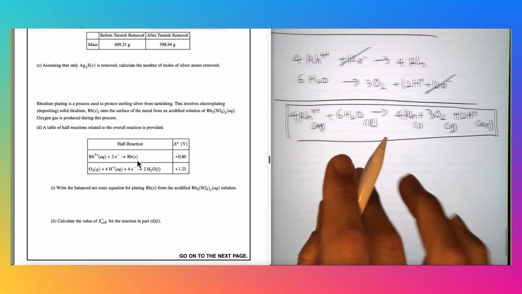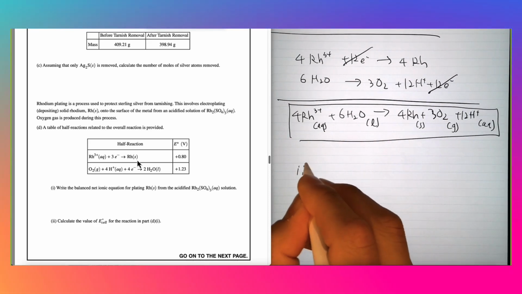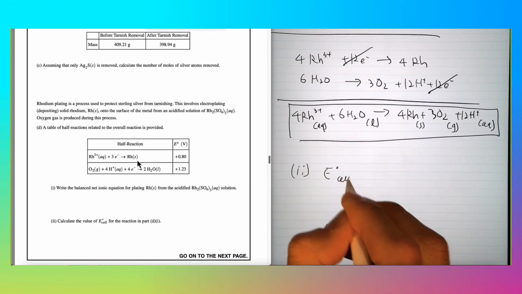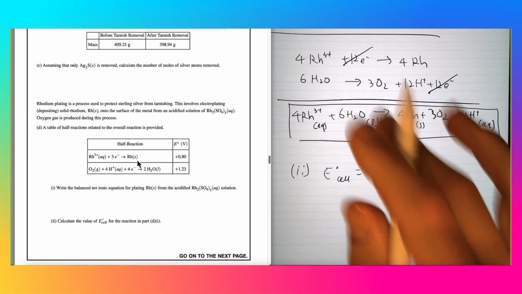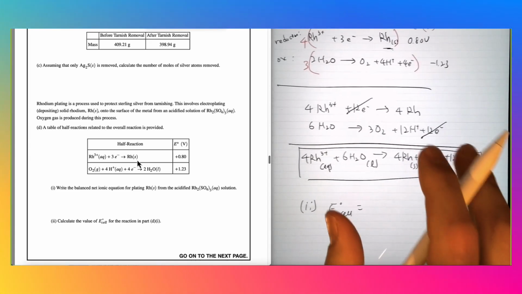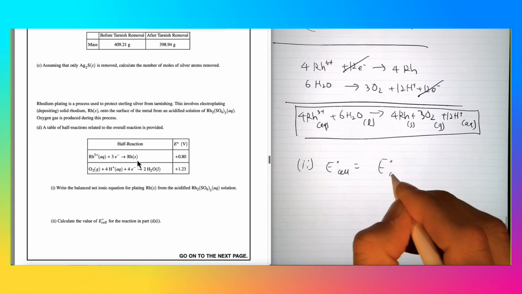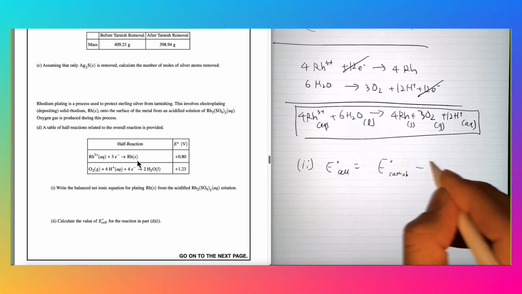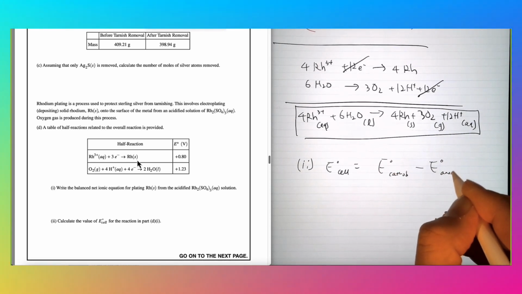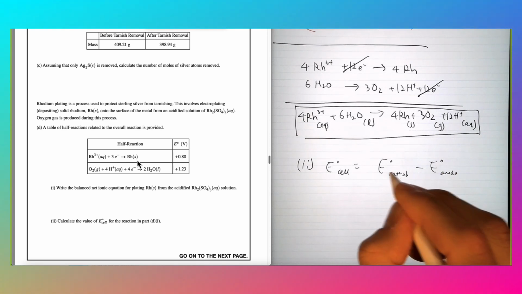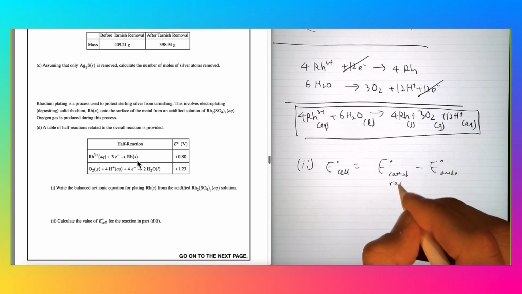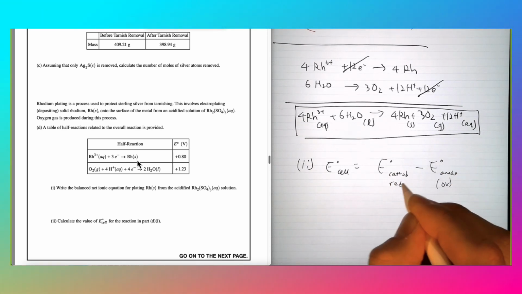So, second part, calculate the E0 cell, the reduction potential for this reaction. I always do the cathode minus the anode, or oxidation, reduction and oxidation.